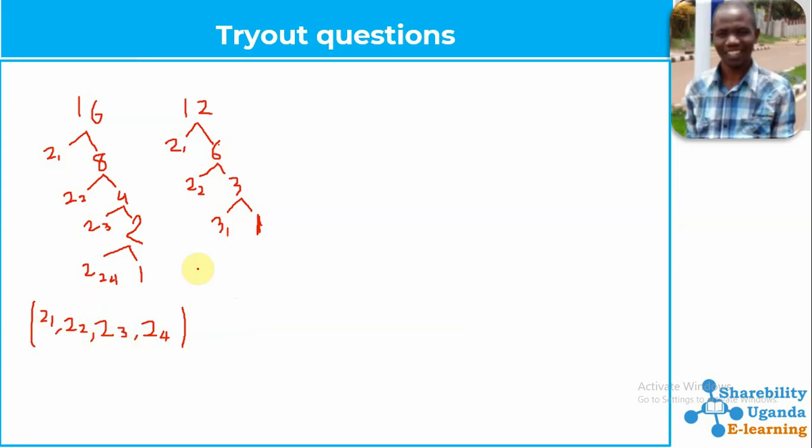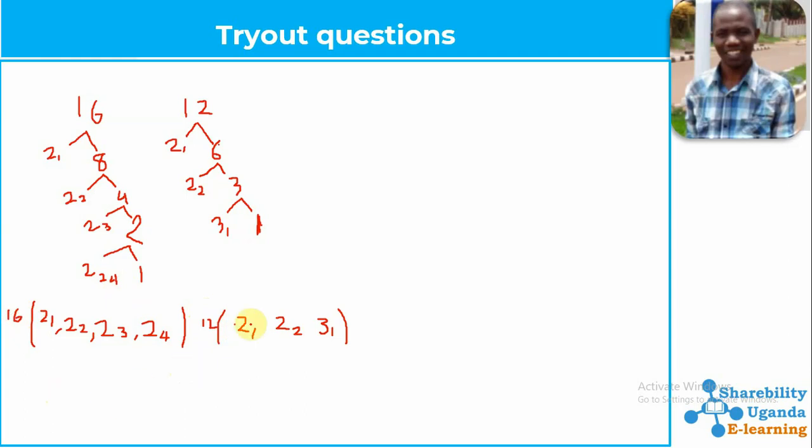So this is now in the form of set notation. So also for the prime factors of 12, we can write them and say we have our 2^1, we have our 2^2, then we have our 3^1. So this is also the prime factors of 12, okay. Prime factors of 12, then prime factors of 16.